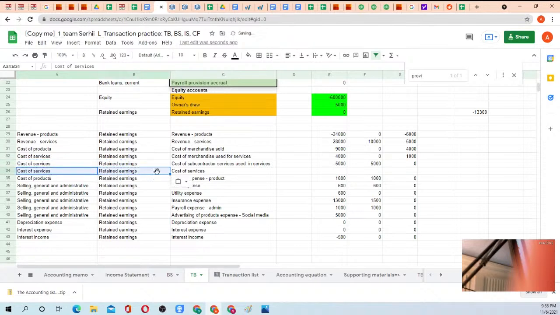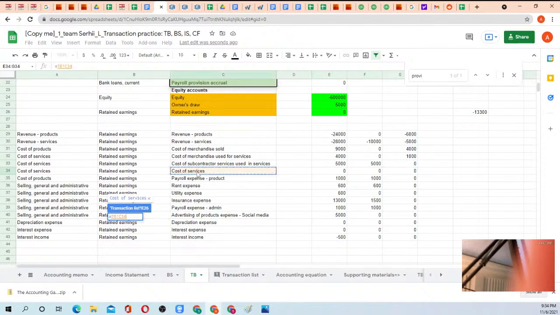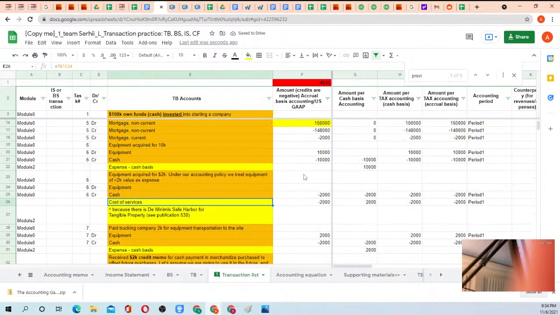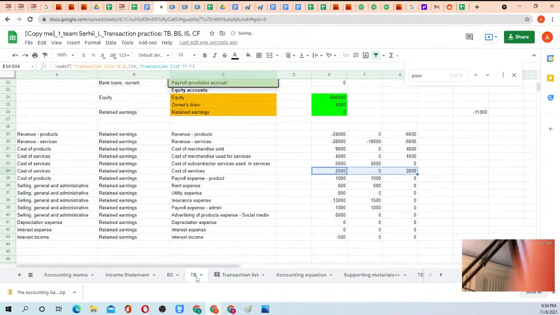As you see, not that easy to keep your books balanced. Okay. Trial balance, cost of services. And we credited cash and we debited cost of services.